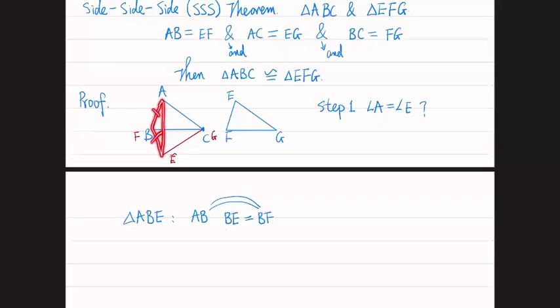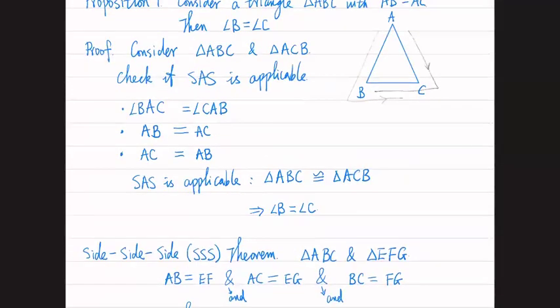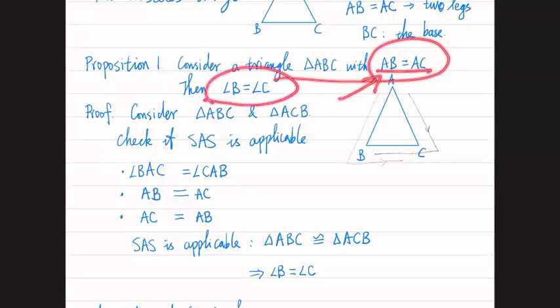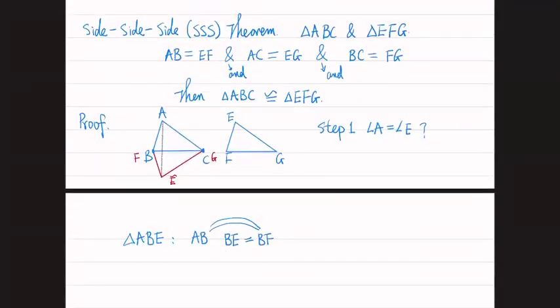We can apply the previous theorem. If we have a pair of edges with the same length, the two angles are the same. So by the previous theorem, these two angles are the same: angle BAE, angle BEA.